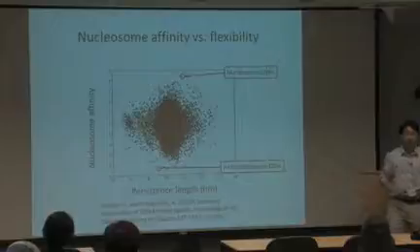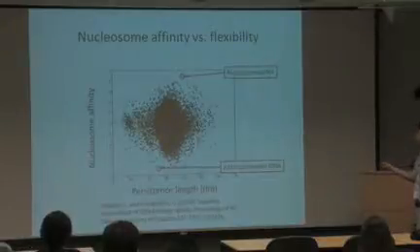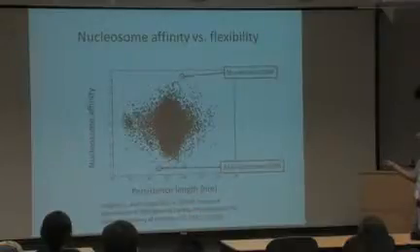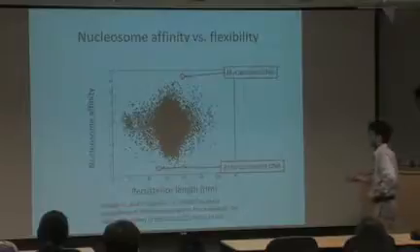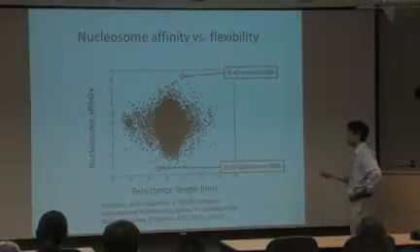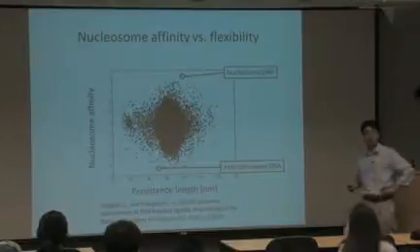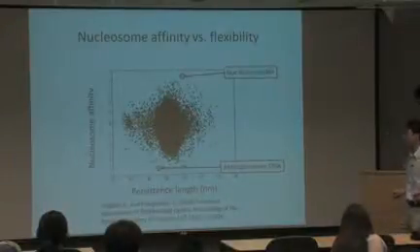I'll give you one extreme example. You can pick the DNA sequence that has the highest nucleosome affinity, so we name it nucleosome DNA. You can also pick another point at the exact opposite end, which we call antinucleosome DNA because it has the lowest nucleosome affinity.